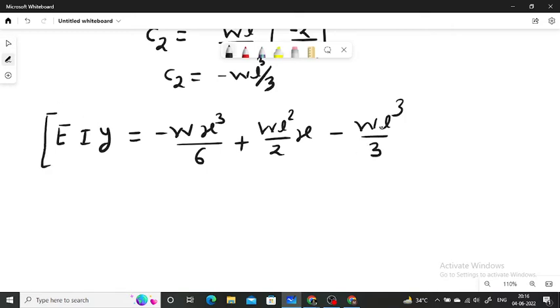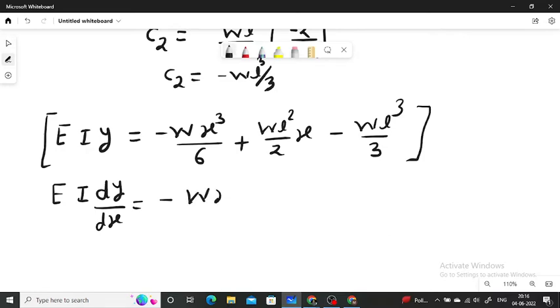This is the deflection equation, and the slope equation is EI into dy by dx is equal to minus WX square by 2 plus WL square by 2.